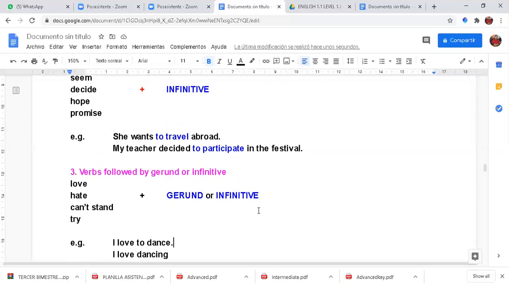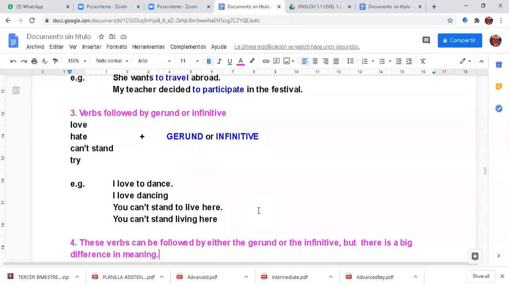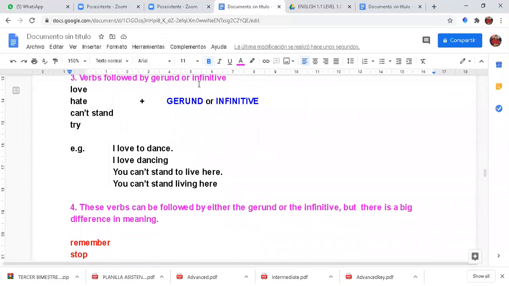The third group, verbs followed by gerund or infinitive. Love, so that means that this group of verbs can accept both of them, gerund or infinitive. Love, hate, can't stand, try, there are more. Example, I love to dance, infinitive, okay?